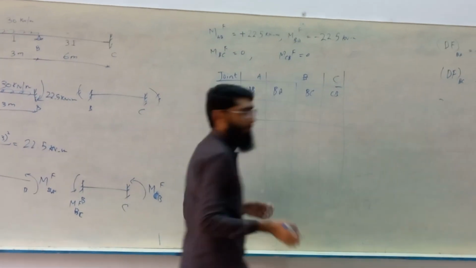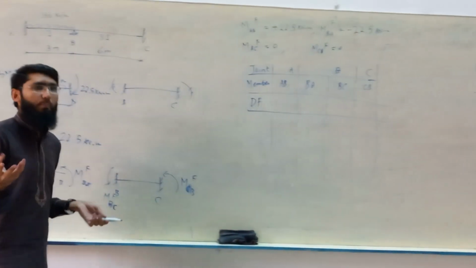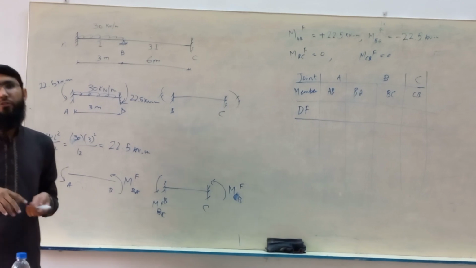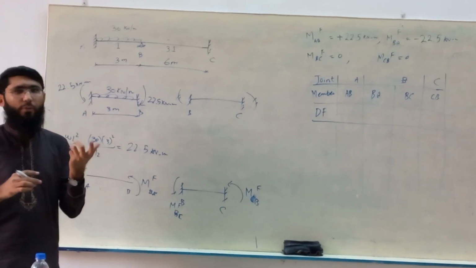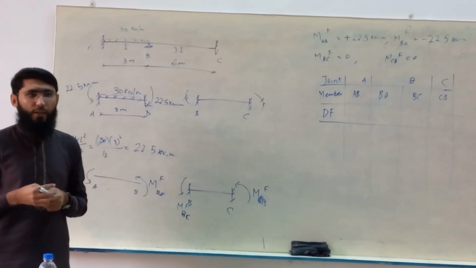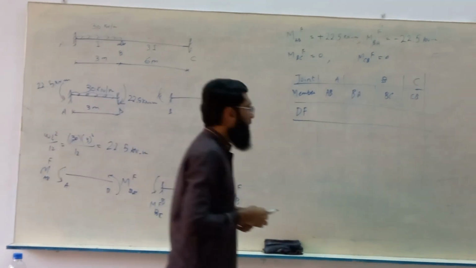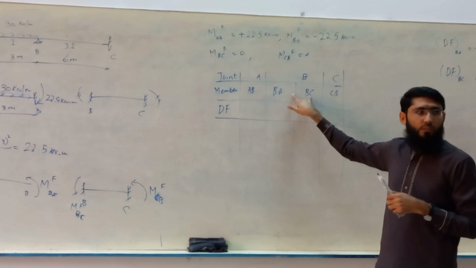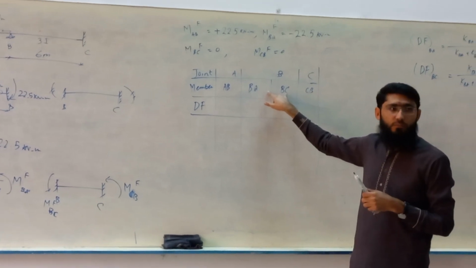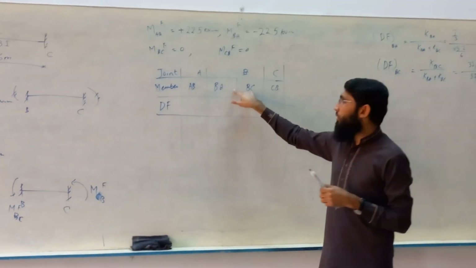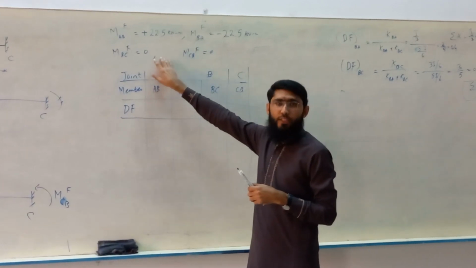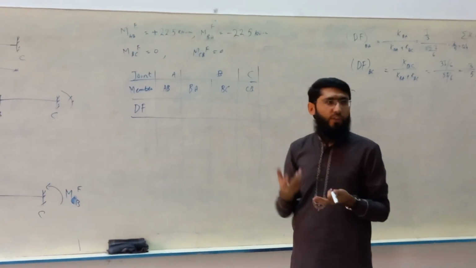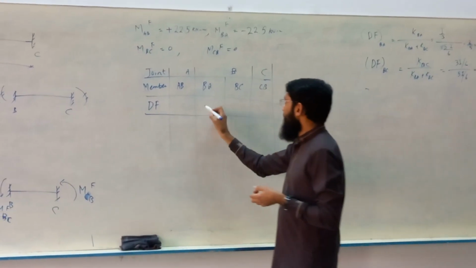DFs for which members? For the members connected at the unrestrained joint. We've got how many unrestrained joints? 1. Which one is unrestrained? B. This is the unrestrained joint. For these two members, you have to write down distribution factors. Okay? For members which are connected to a restrained joint, there is no need to do any distribution factor calculation. Okay? You will see why.